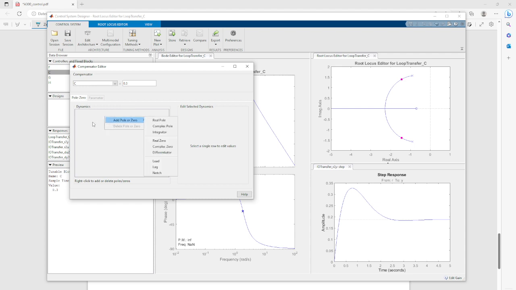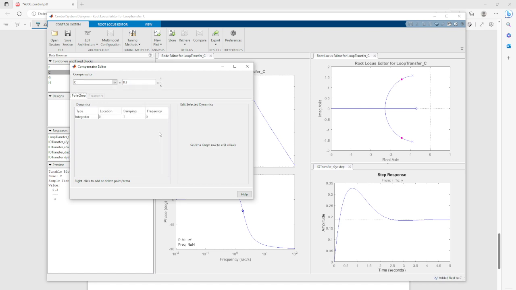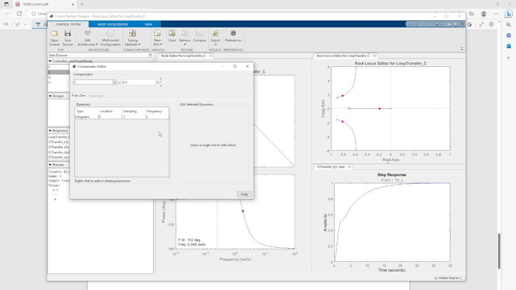So we can simply right-click in that field where it says Dynamics, and then we add an integrator. And you will see Matlab immediately updates everything what we have. Okay, our controller now is 0.3 times 1 over S, right? So it's a pure integral control.